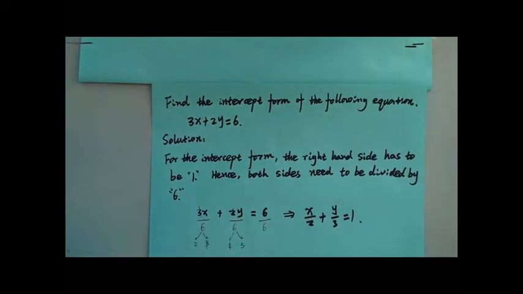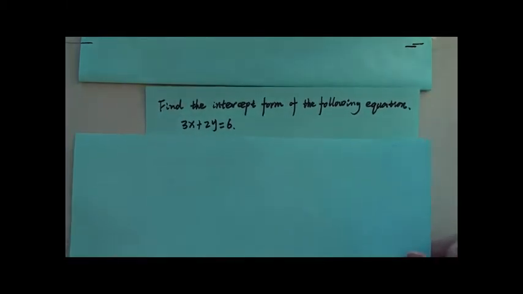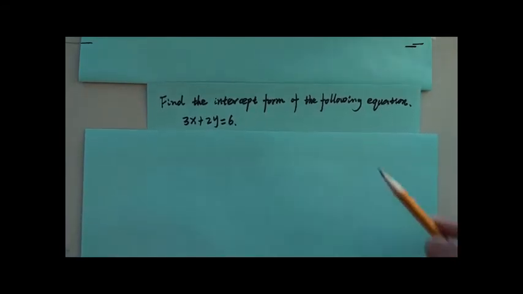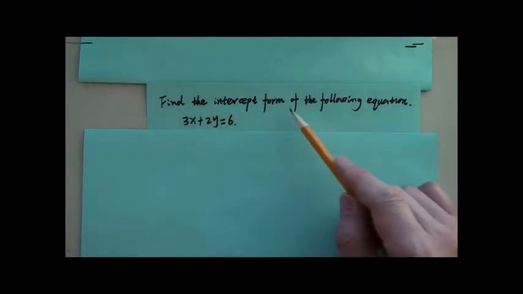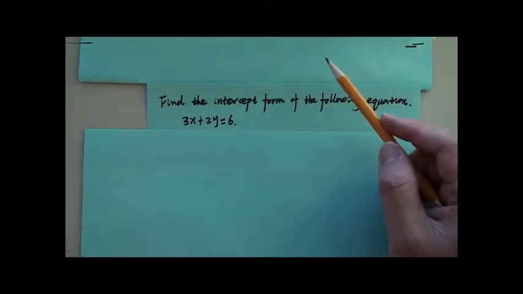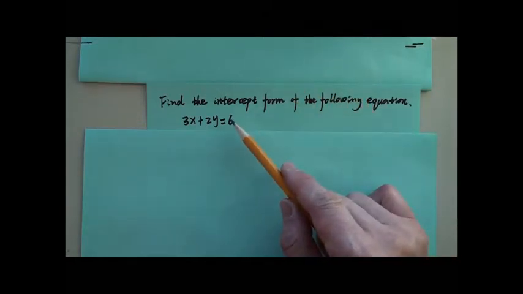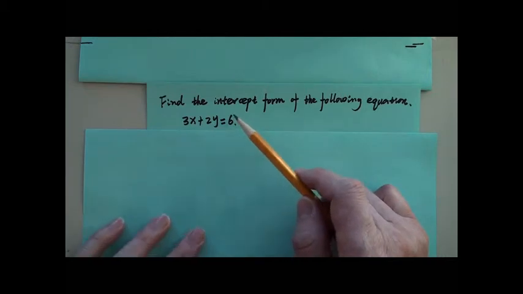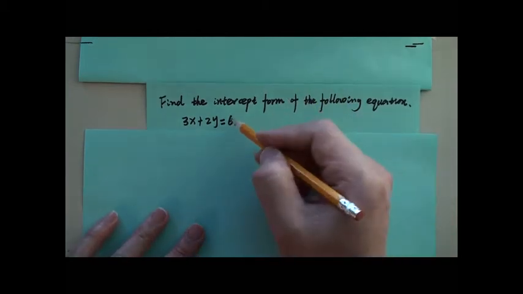sometimes you are given it like this. Okay. So this is not a slope-intercept form. Find the intercept form of this equation. How are we going to do it? Remember, the intercept form is that the right-hand side has to be 1.